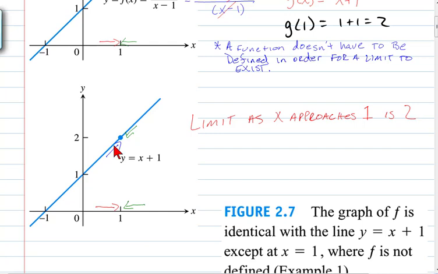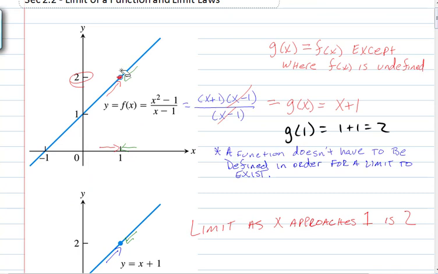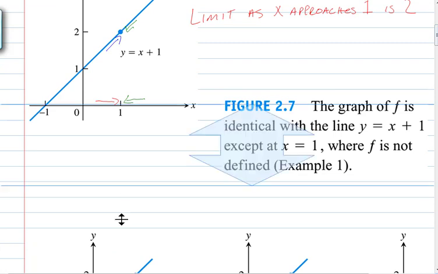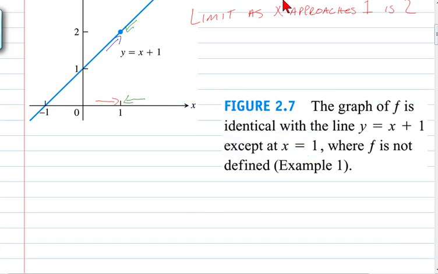Here the function's defined at the point, and that's all fine and well, but it doesn't have to be defined at a point. Remember, there's this mark right here that is not here. Okay? And this leads us then to the informal definition of a limit. And sometimes I think the informal definitions are easier to understand.